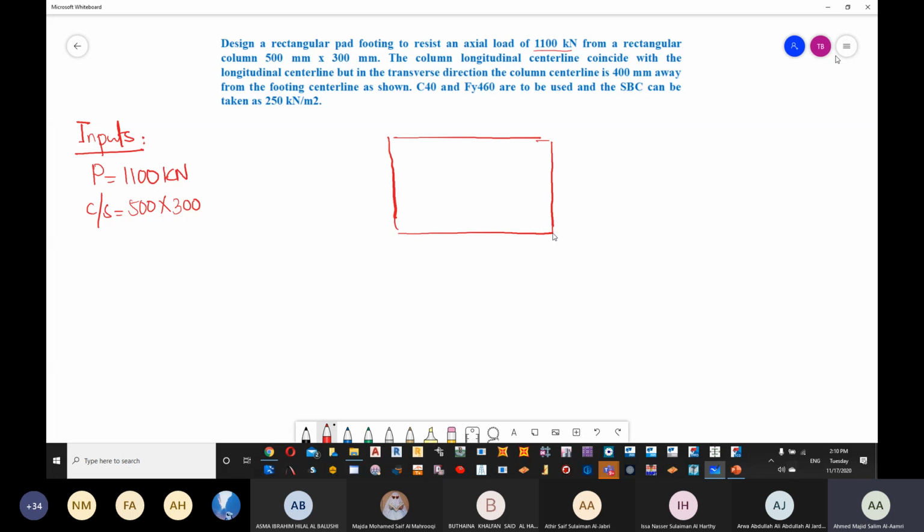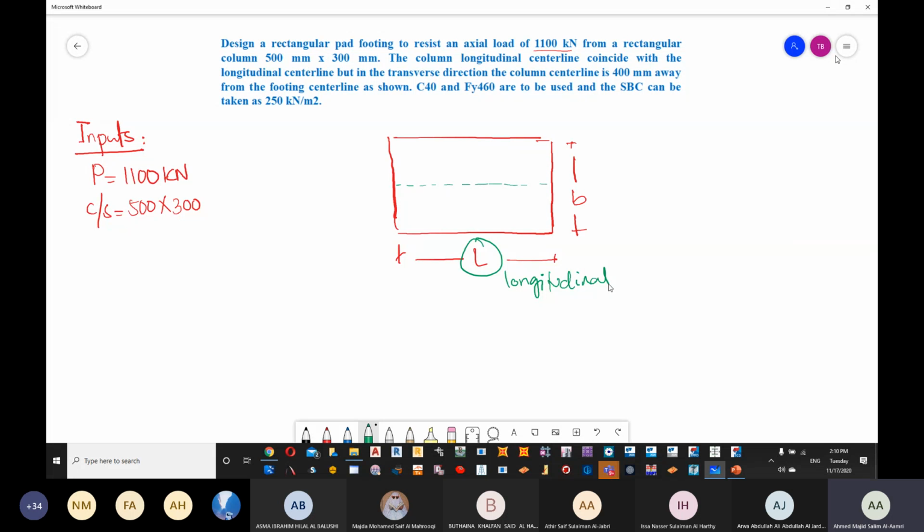Now, what we need to understand is that it is a rectangular foundation, so we are going to have something called length and something called width. The line that is parallel to L, if I draw a line here, represents what we call the longitudinal direction, the longer direction.